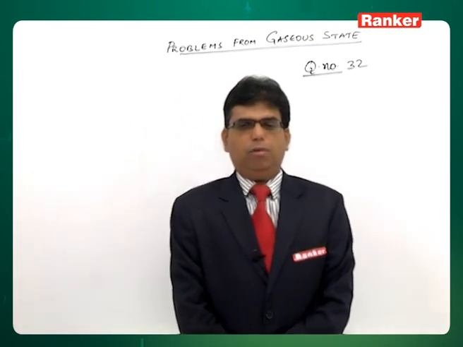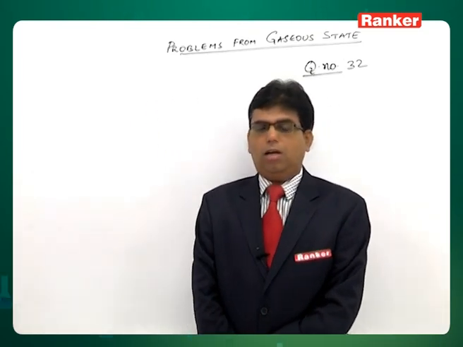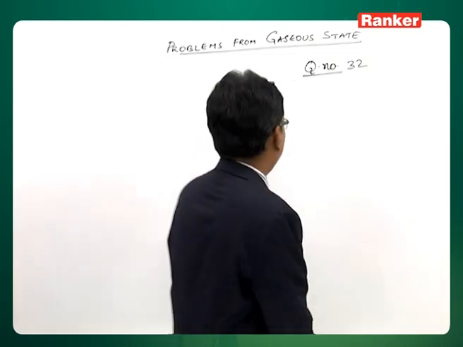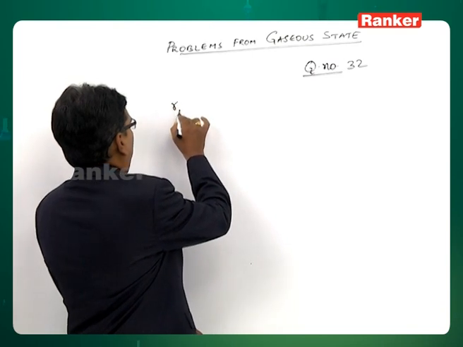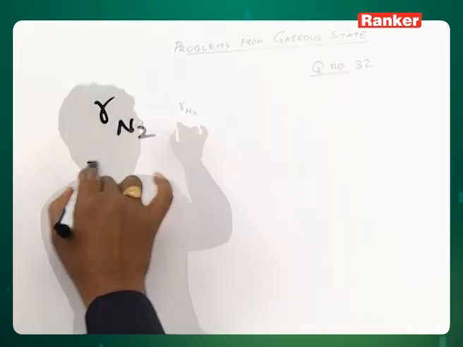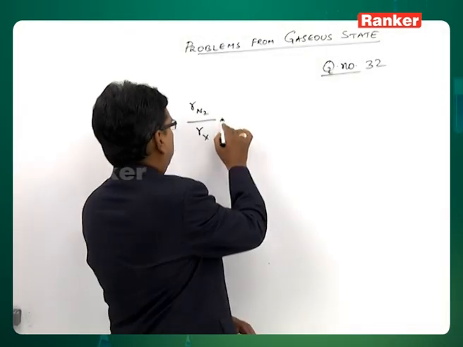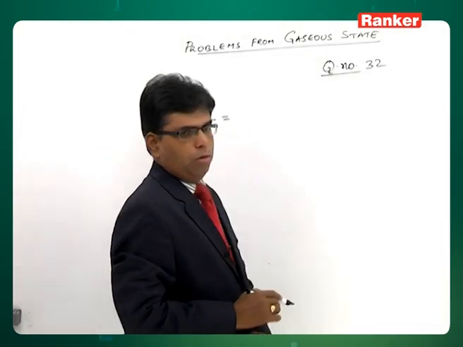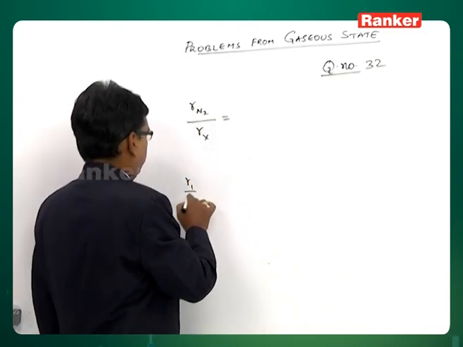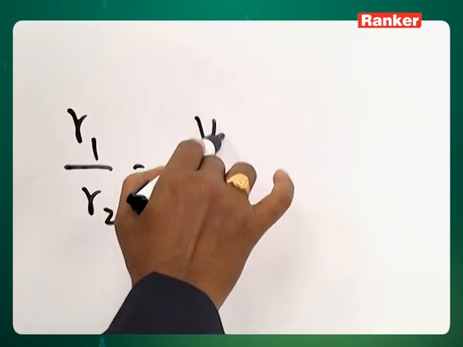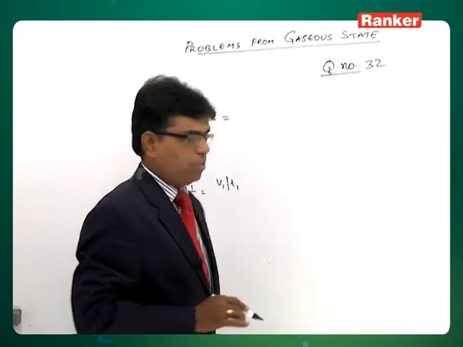So, here what we have to take is that they diffuse through the same pinhole, and we need the molecular weight of the unknown gas. The one gas is nitrogen, R nitrogen by R unknown gas, which I call Rx, is equal to the inverse ratio of times, because the ratio of rates of diffusion R1 by R2 is equal to the volume of gas diffused by the time taken.